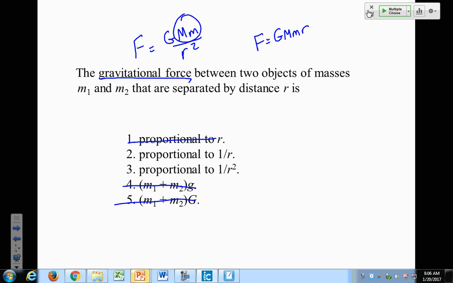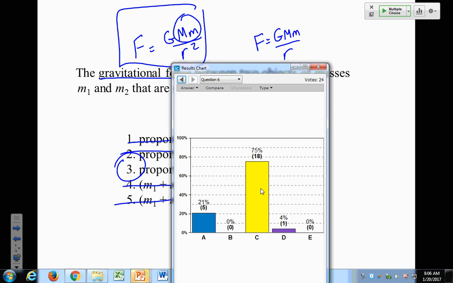It's not 1 over R, because that would look like GMm over R. So it's not that. So it has to be 3. So this is the right expression, and that's how we describe that in words. That I have this inverse square law, this inverse square relationship between F and R, or F and R squared. So 3 is the right answer, C. Did I mark that correct? Okay, yeah, C is right.